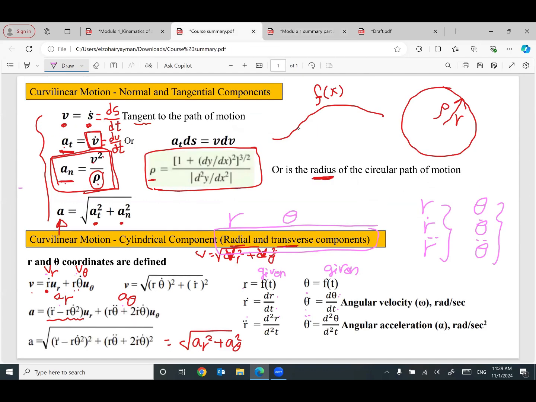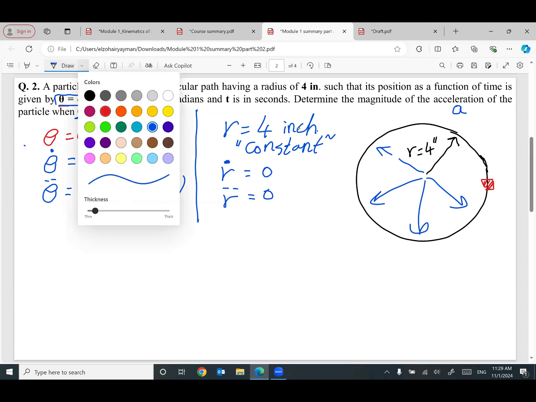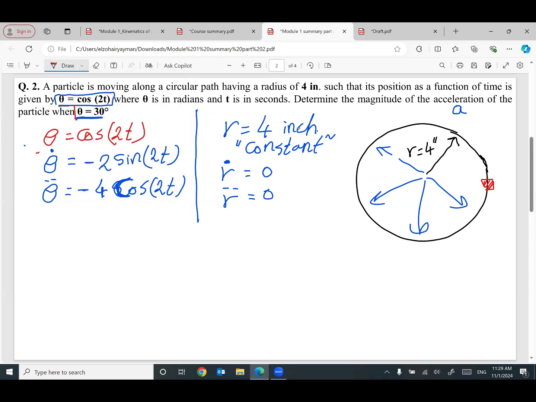Keep in your mind, to finish up any problem in this part, you have to put your hand on these values. That makes sense? We have expressions for theta, theta dot, theta double dot, but what are the values? Okay, this is the point. We are looking for the acceleration when theta became 30 degrees.